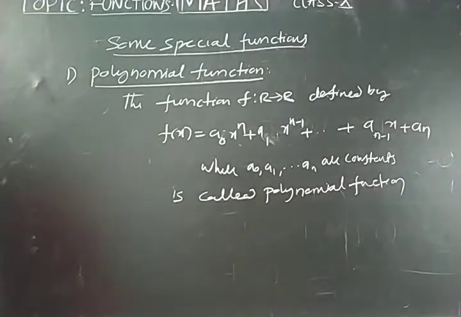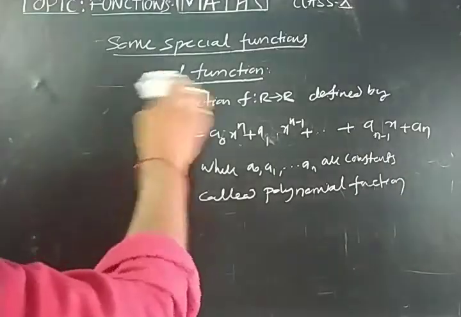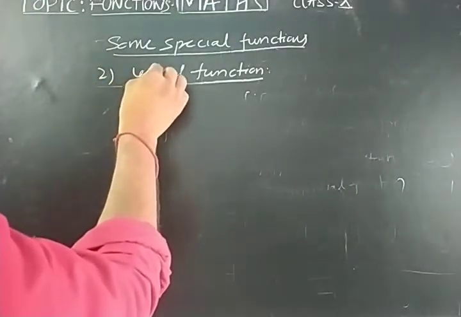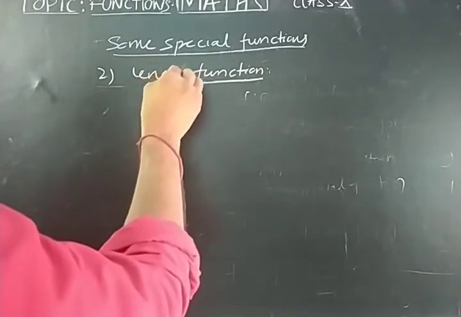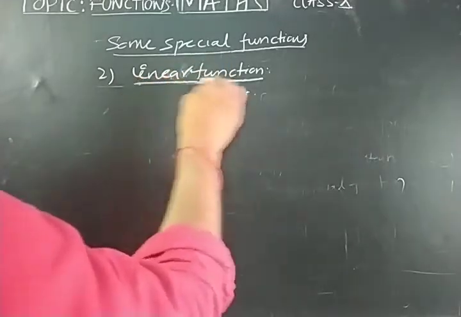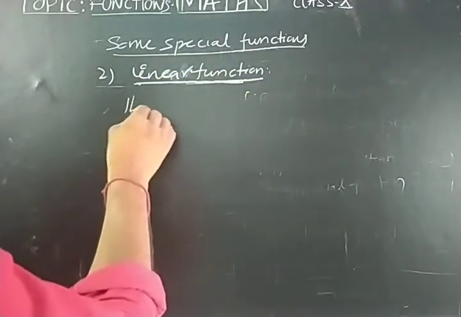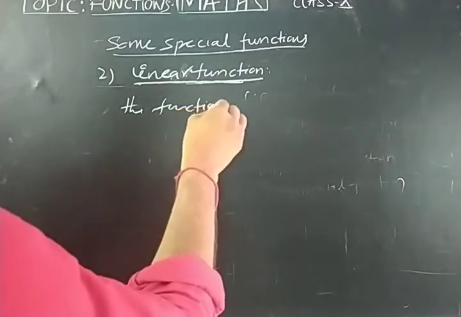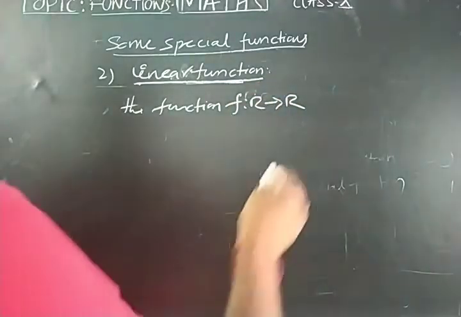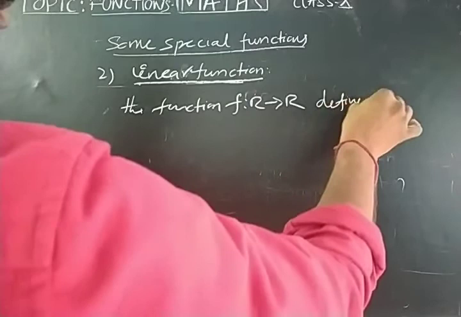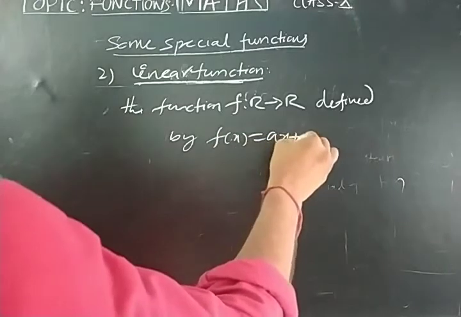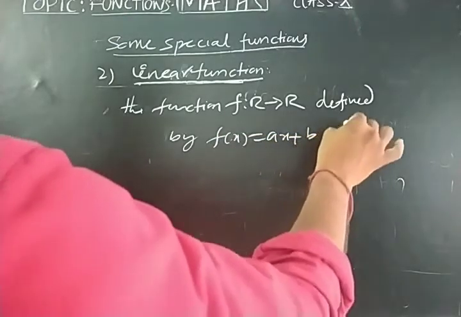Now another one, linear function. Next definition, linear function. The function f from R to R defined by f of x is equal to ax plus b, where a should not be equal to 0.